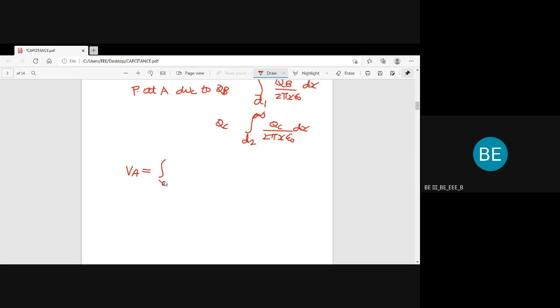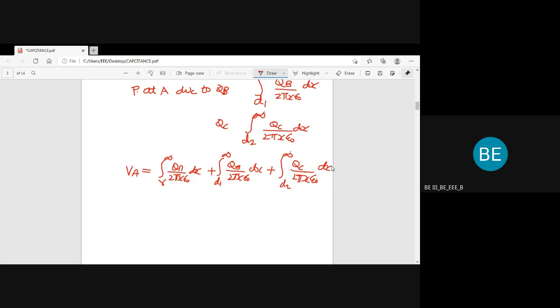That is the integration from R to infinity of QA divided by 2 pi epsilon naught dx, plus the integration from d1 to infinity of QB divided by 2 pi epsilon naught dx, plus the integration from d2 to infinity of QC divided by 2 pi epsilon naught dx.